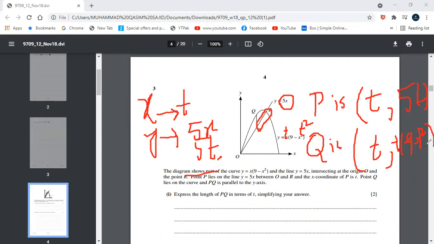So these are the points regarding my two values. P is t comma 5t, and Q is t comma t into 9 minus t square. You can elaborate or simplify it, but this is the required answer.